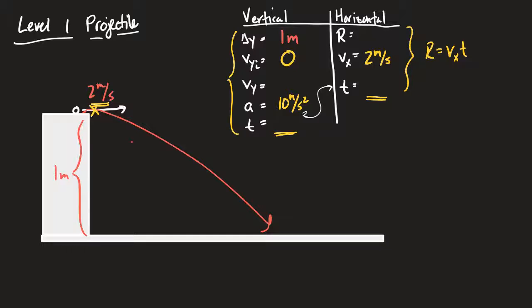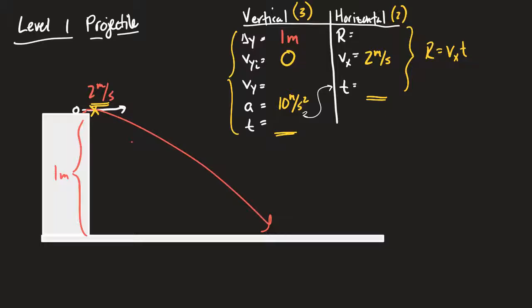In these problems, we're generally trying to figure out the time on one side and use it on the other, which means I either need 3 pieces of vertical information or 2 pieces of horizontal. In the case of this problem, I have 3 pieces of vertical information. I'm going to find a relationship that allows me to figure out the time.